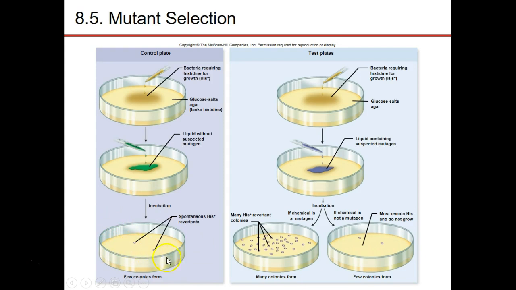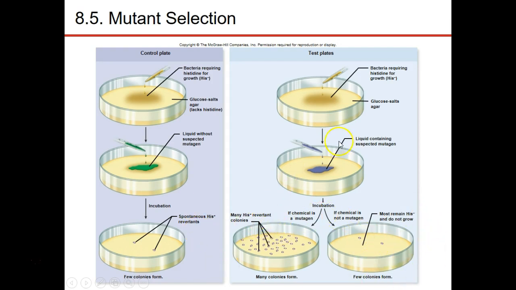So you have to look at how many colonies grew, and in this case, 2 colonies grew from all the billions of cells you put on there. Over here, if you only have a couple, 2 or 4 colonies that form, then you know that's not very different from the natural mutation rate. So you don't have to worry. This chemical is likely not mutagenic, and so it's probably not carcinogenic.